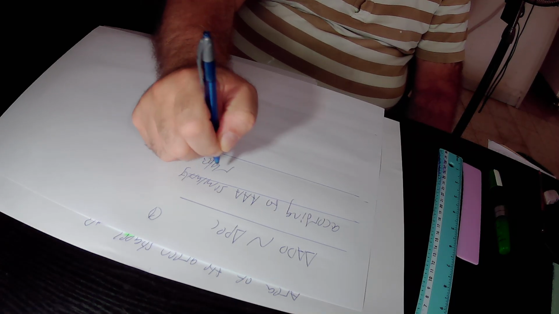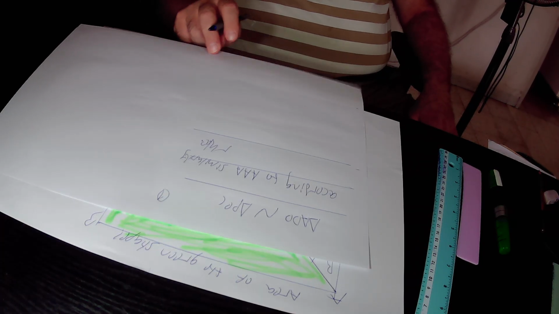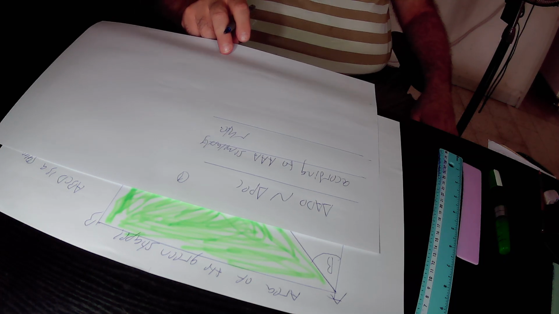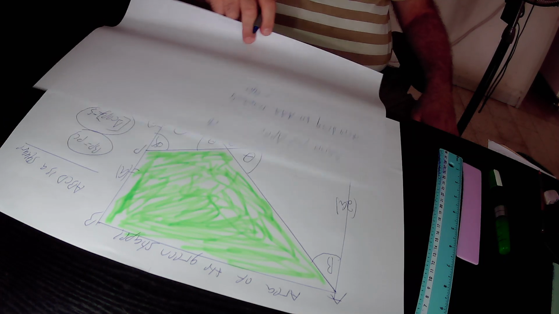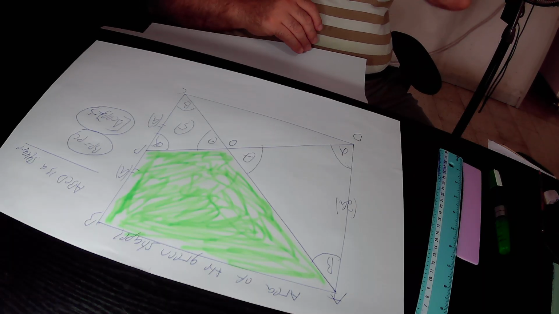So in the next step, I'll present to you a new rule that relates to similar triangles, and we will implement the new rule in our drawing on those two similar triangles.